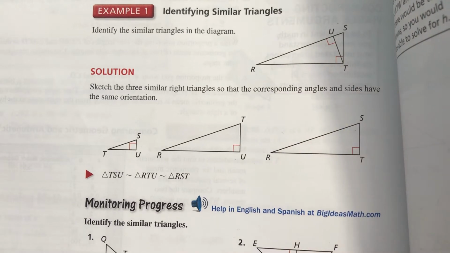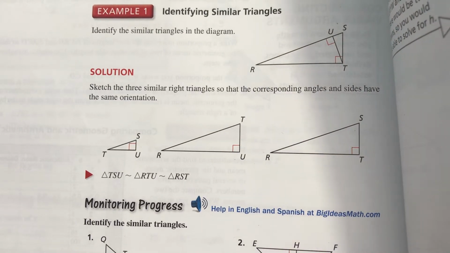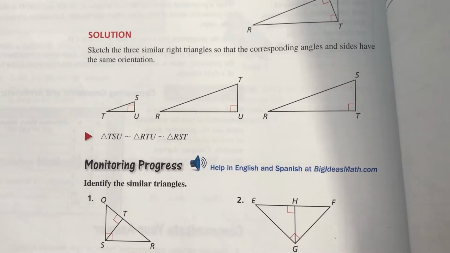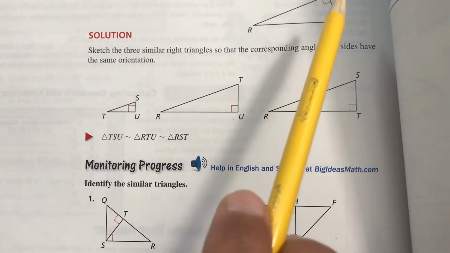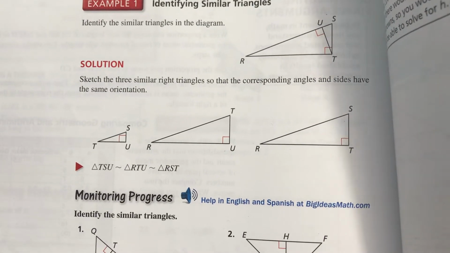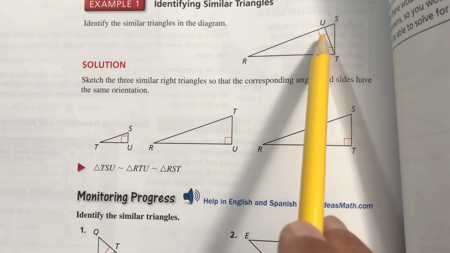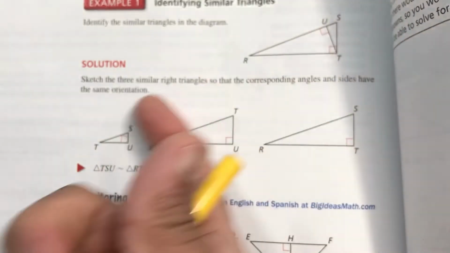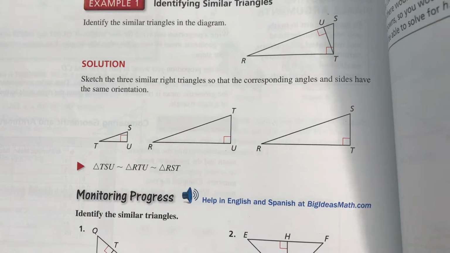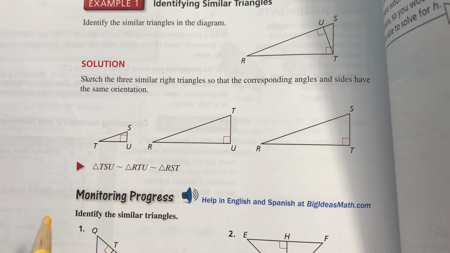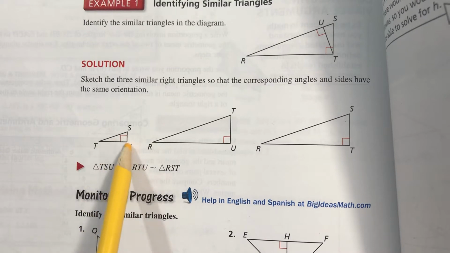You can use that, or you can just sketch three different right triangles separately so that it's easier to write the names. You simply bring this triangle here and flip it like this, so that becomes STU, or TSU.